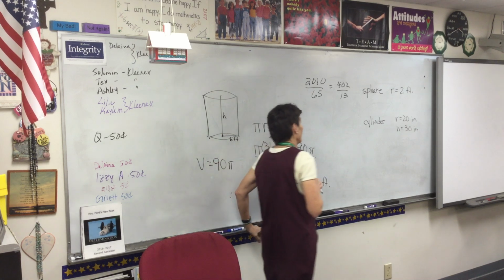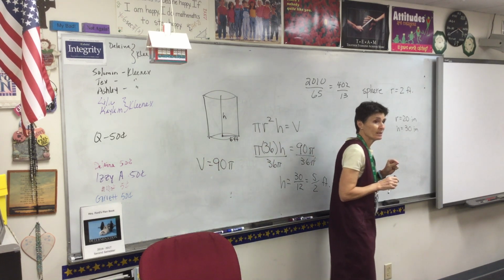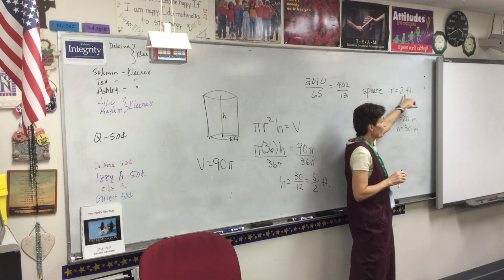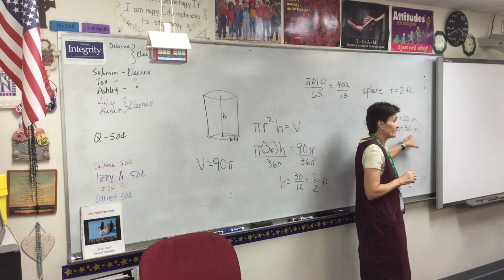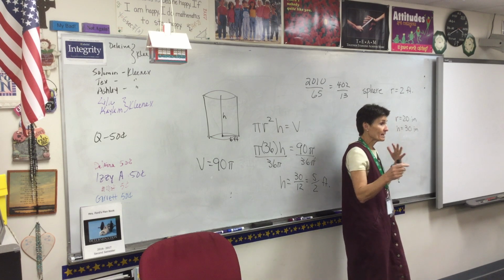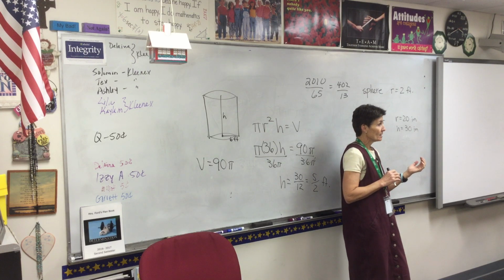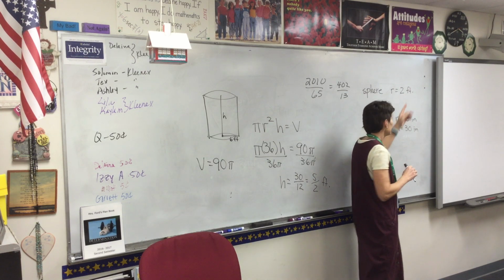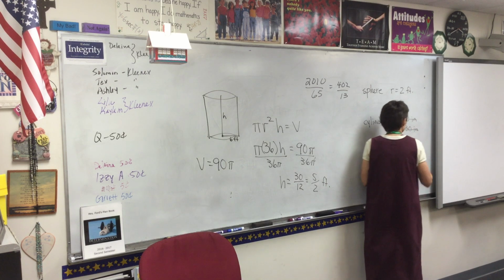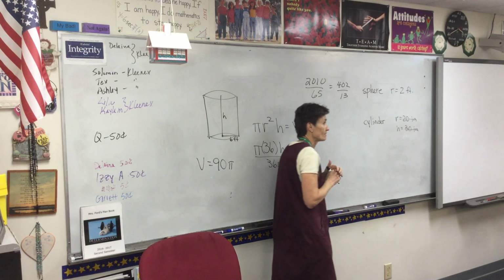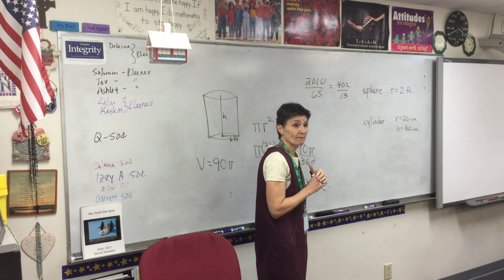Now, there is a little bit of an issue here because this dimension is given in feet, and this one is given in inches. If you're going to make a comparison, you really need to have the same unit. So let's stick with feet and change these. How would I change the inches into feet? Divide by 12.